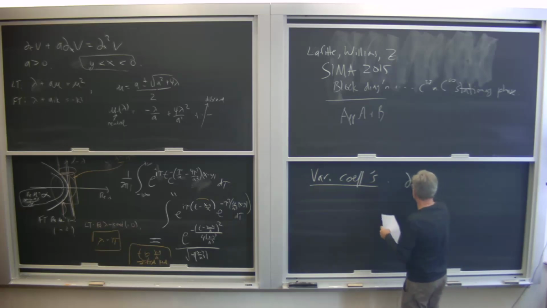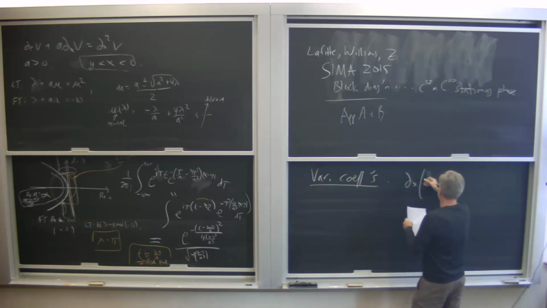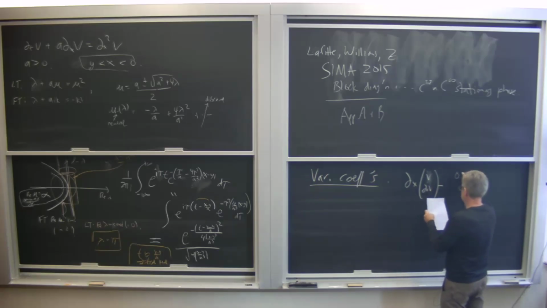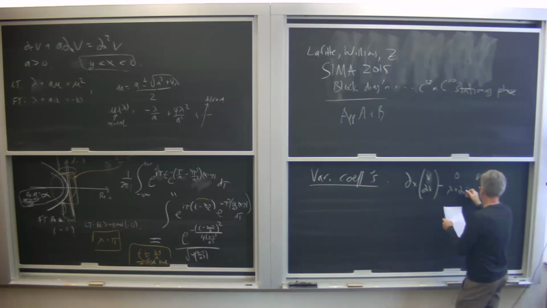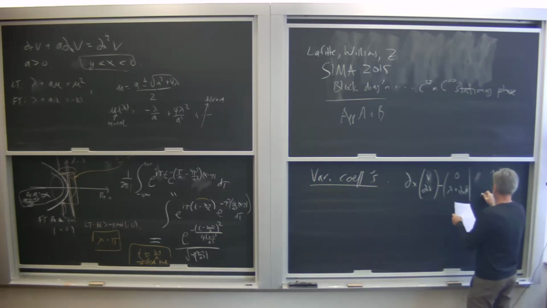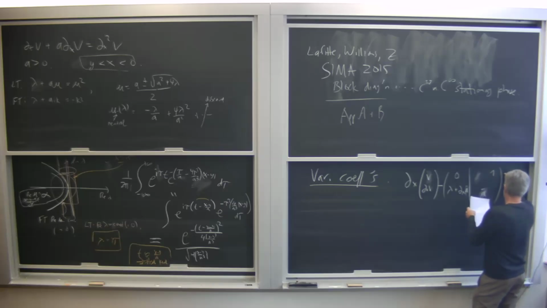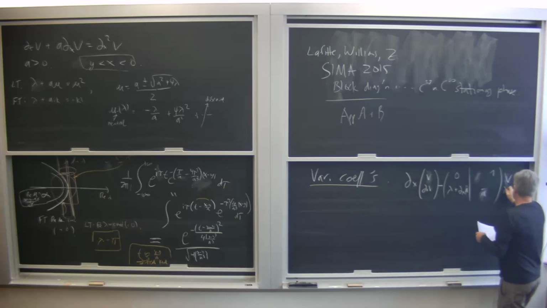I'm going to go back and write the variable coefficients problem as a first order system. Let's see, this is how it looks. A bar, sorry, V dx.